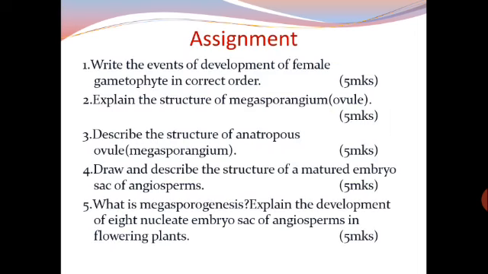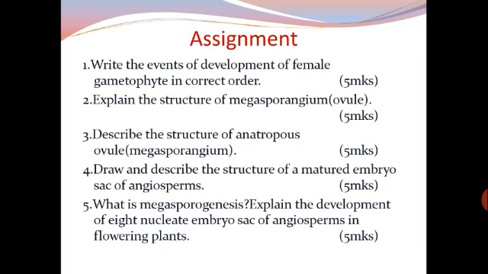So that completes the gynoecium, and these are the assignment questions. The first question is, write the events of development of female gametophyte in correct order. Second, explain the structure of megasporangium or the ovule. Describe the structure of anatropous ovule.